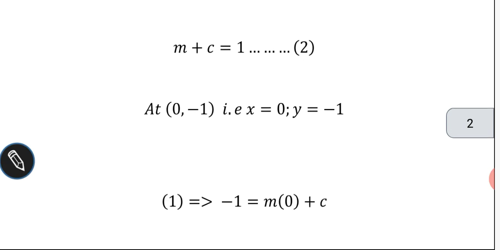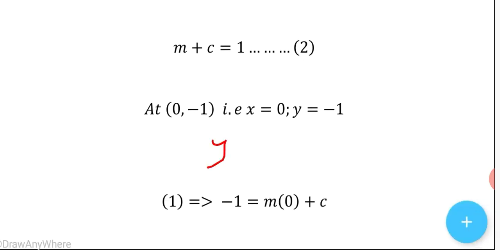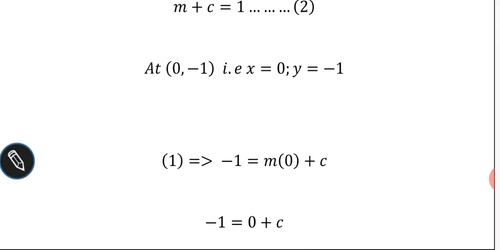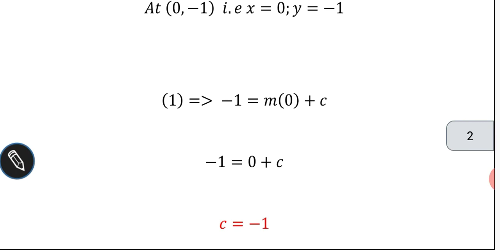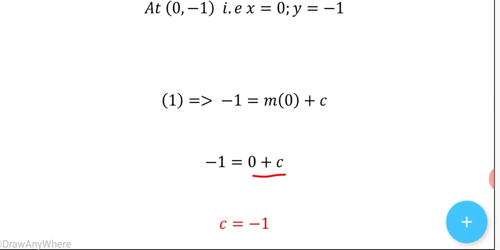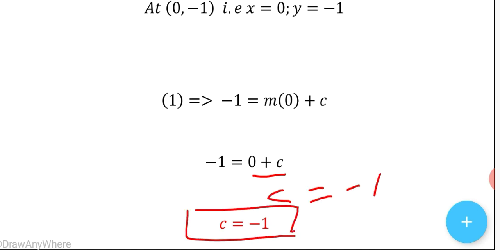Equation 1 is y equal to mx plus c. Put y equal to minus 1 and x equal to 0. Now the equation becomes minus 1 equal to m into 0 plus c. M into 0 is 0, so c is equal to minus 1. So we have calculated c equal to minus 1.